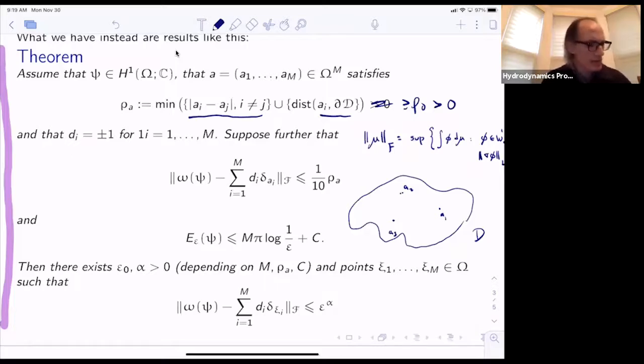And then I assume that the vorticity is close to. Okay, then I also assume that I have multiplicities di, which are integers with absolute value plus or minus 1. So one feature we will see for the Gross-Pitaevskii equation as opposed to the Euler equation is that the vorticity is very naturally quantized.